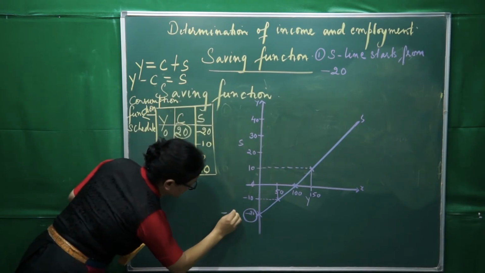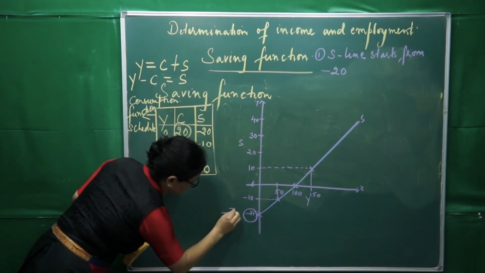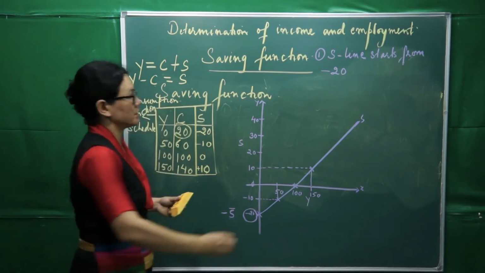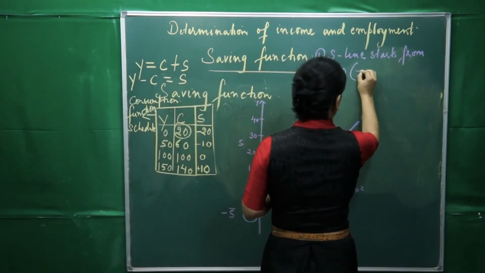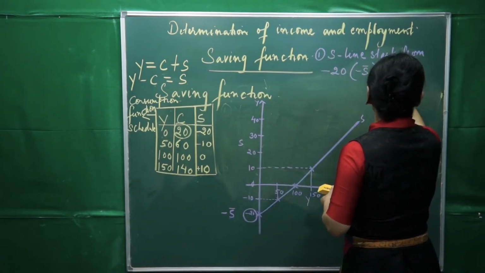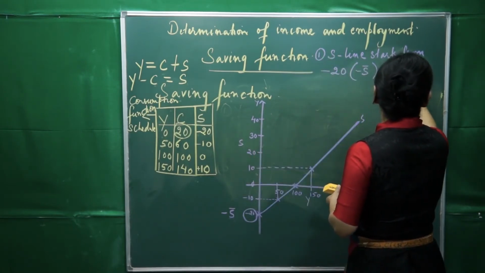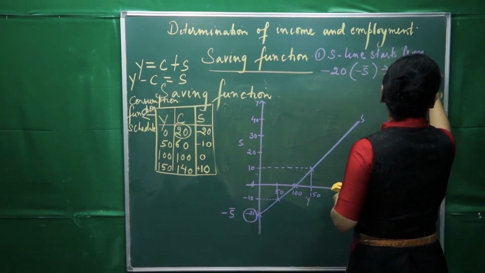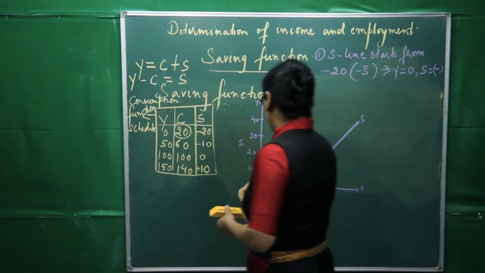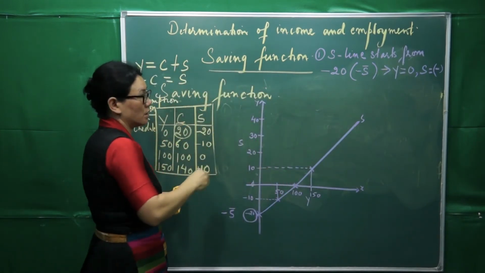This is autonomous saving, right? Which means what? When income is 0, saving will become negative. All right. Okay.